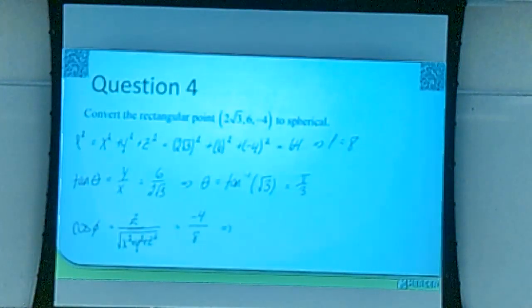What is the range of the inverse cosine? Pi is in the range, I agree. At 0 to pi, what could phi be?